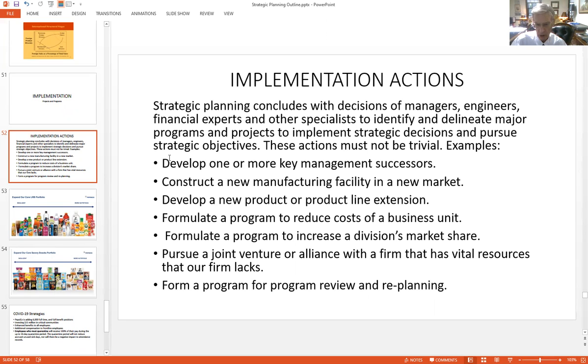Maybe it involves constructing a new plant, developing new products, forming a cost reduction program, forming a project to get higher market share in a particular market, or do a joint venture, or to review and replan.